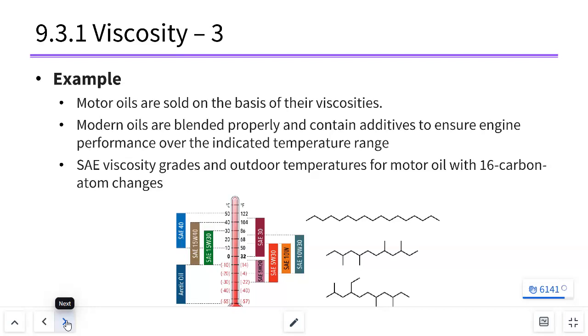The W there stands for winter, and it gives you a viscosity rating for colder months. So part of the blend has some of this stuff in it to stand up to colder temperatures. Part of the blend has some of the higher chain stuff in it to stand up to higher temperatures. And both are actually present in the same oil at the same time.